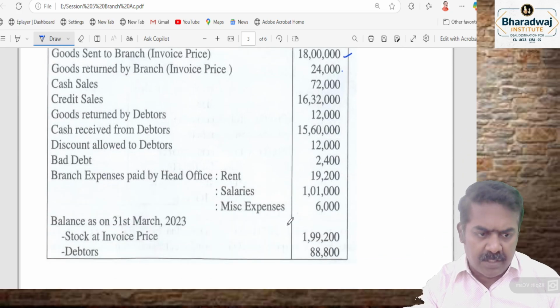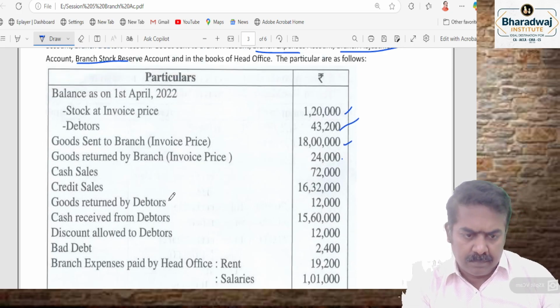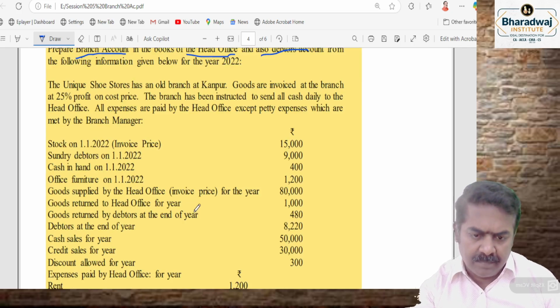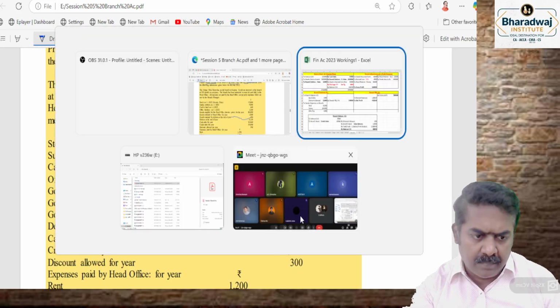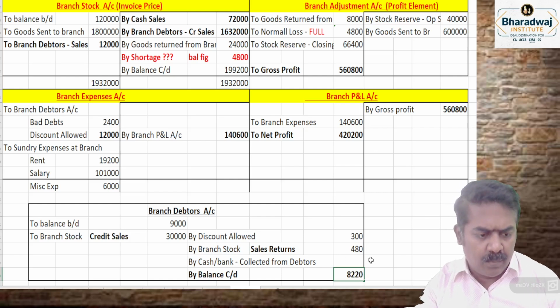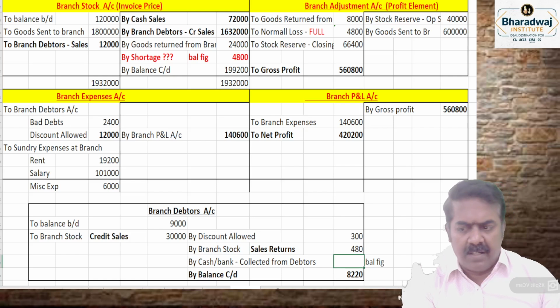Sales returns, goods returned by customers. 480. What is the closing balance given? As a balancing figure, we get cash collection from debtors. What is a balancing figure?